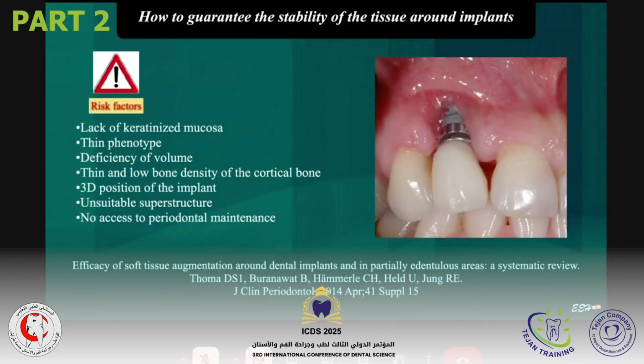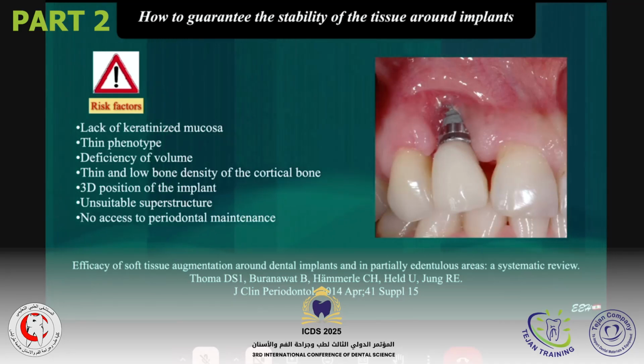How do we guarantee the stability of the tissue around the implant? We have many risk factors to avoid. The lack of keratinized mucosa, it's very important to observe if we have a good mucosa or not.